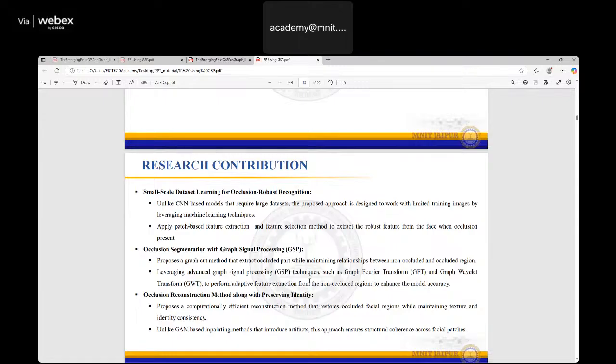The key thing for graph signal processing is that once you are able to define a signal where you are able to define the edges and their weights, then your graph signal is available, your W is available, and then you can find out the L, the Laplacian matrix, the GFT, and the GW.